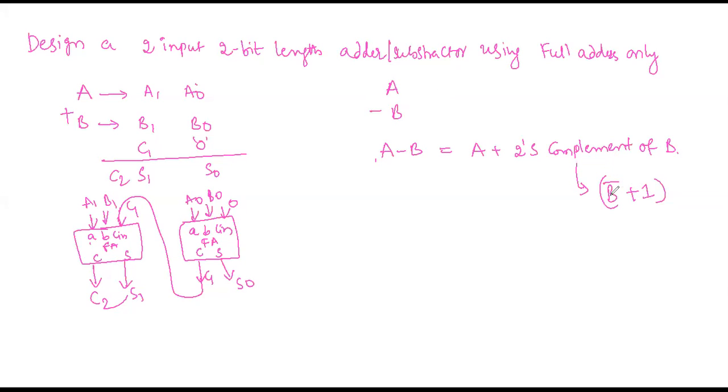Now here, when you are adding, you are doing A plus B. When subtracting, you are using the 2's complement of B. While adding, you are doing just A plus B, but for subtracting, you have to go with the 2's complement of B. So the same full adder we can use for addition and subtraction if you keep changing the B. Once you use normal B, it is used for addition.